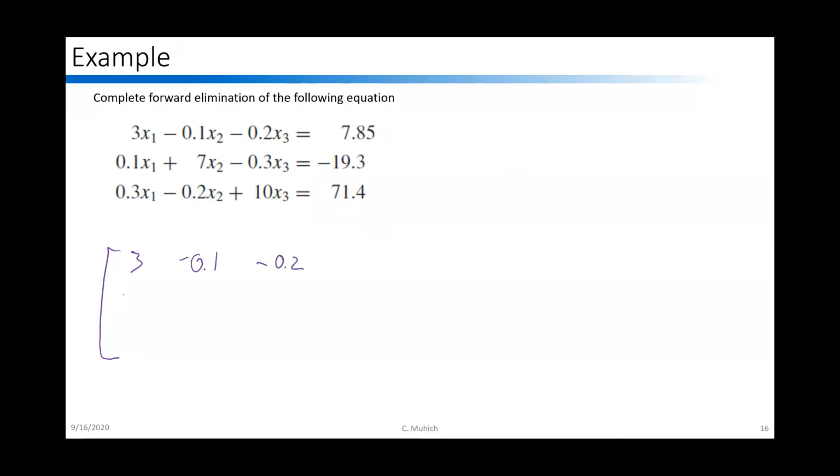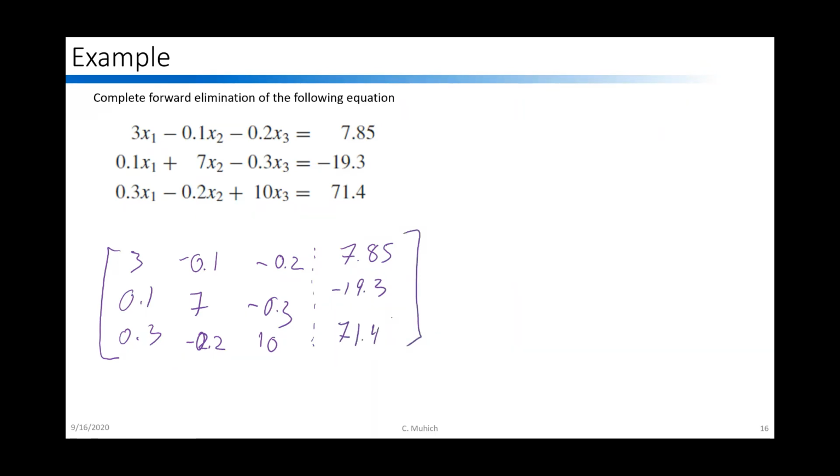The second row of the matrix is 0.1, 7, negative 0.3. And the third row is 0.3, negative 0.2, 10. I'm going to put that dashed line to represent the x vector, and then I can write out the 3 elements of my b vector. So this is the matrix that we want to operate on.